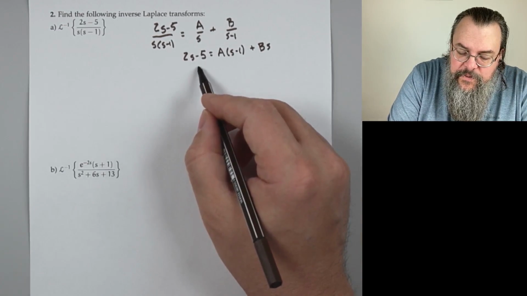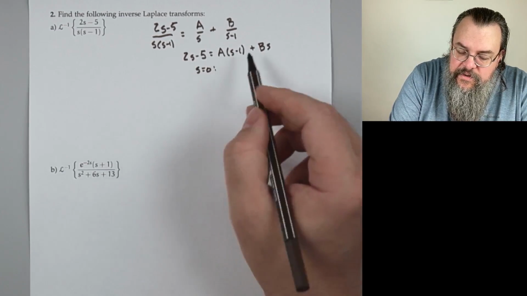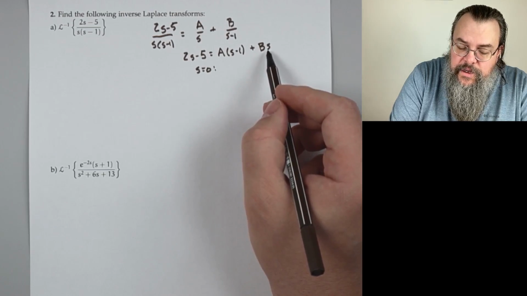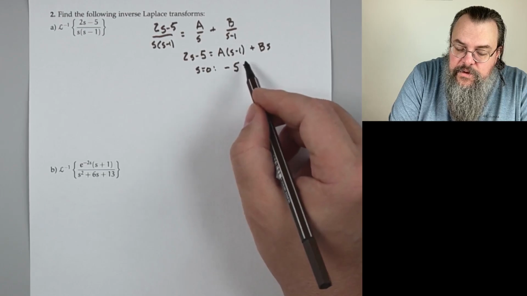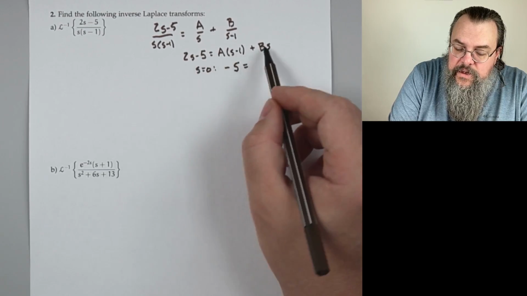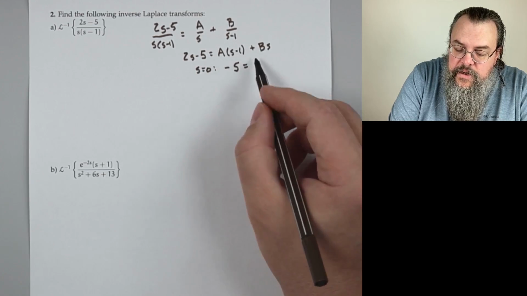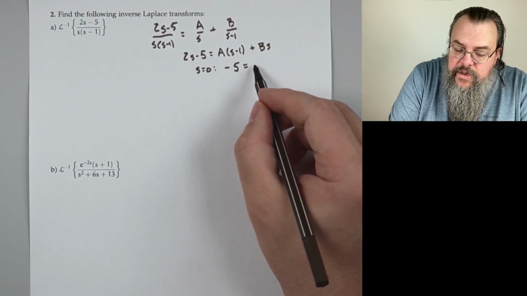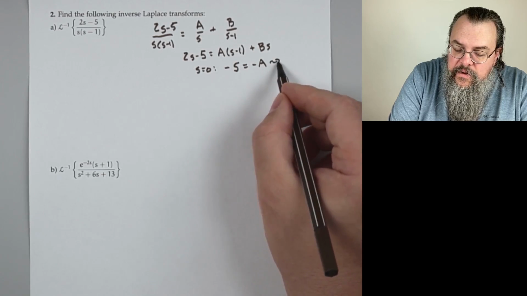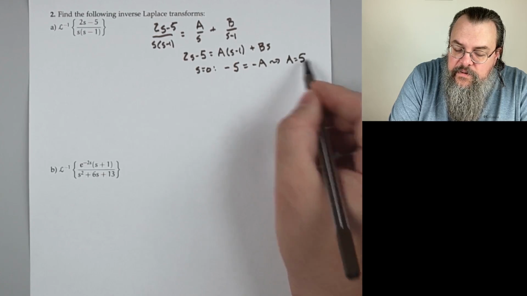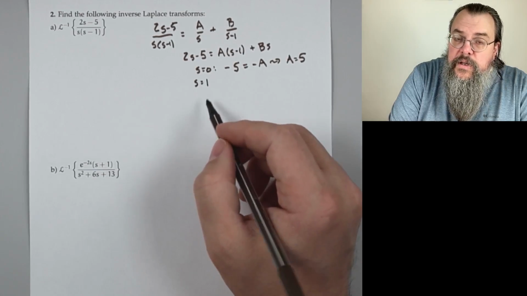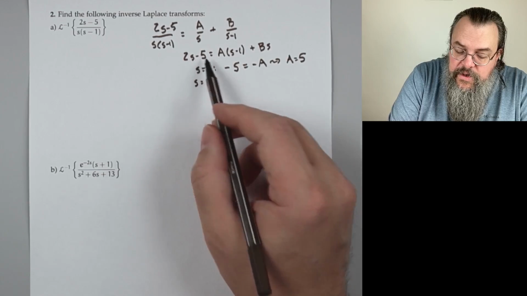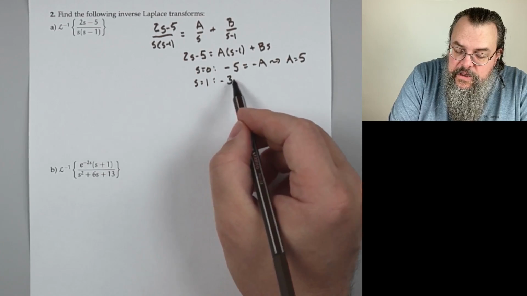So if you plug in, for instance, say s equals 0, that's a good choice. Makes that term go away. You get negative 5 is equal, because that's 0, and that's 0. And over here, you get 0, a times minus 1, it's minus a. So it says, oh, a is 5. All right, another good choice would s equals 1. Okay, plug it in. 2 times 1 minus 5, negative 3.